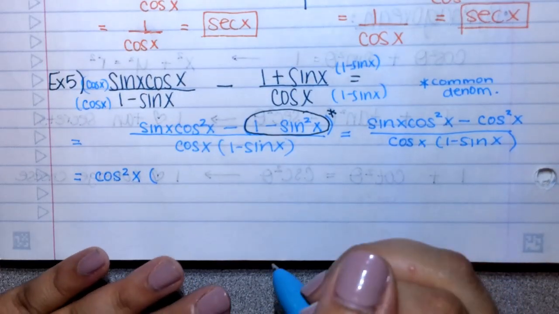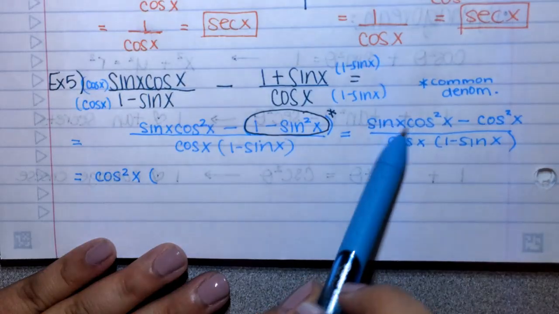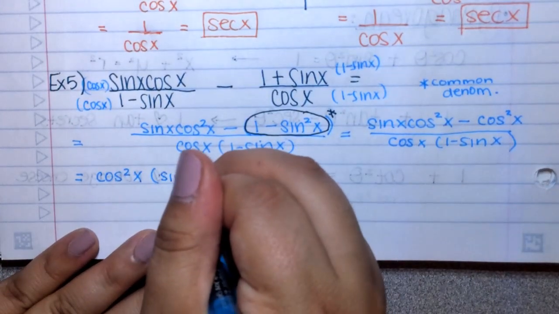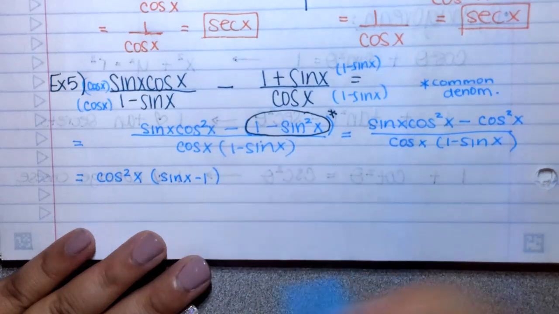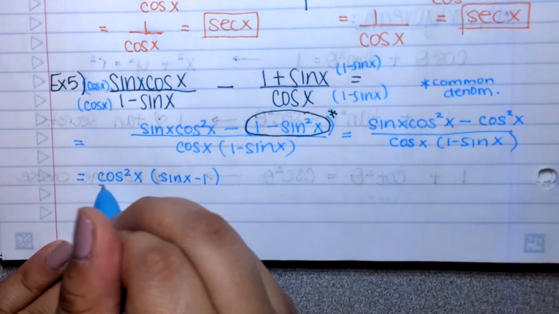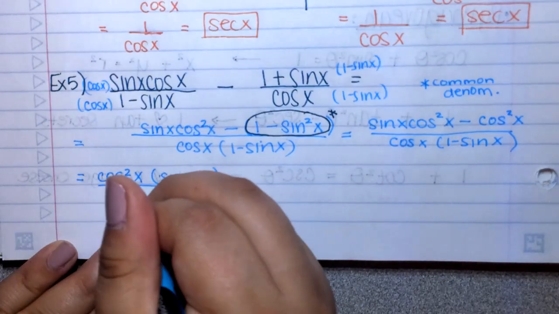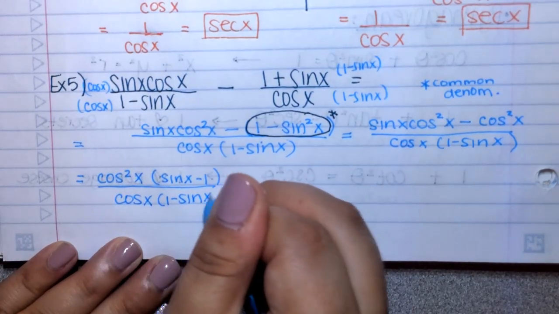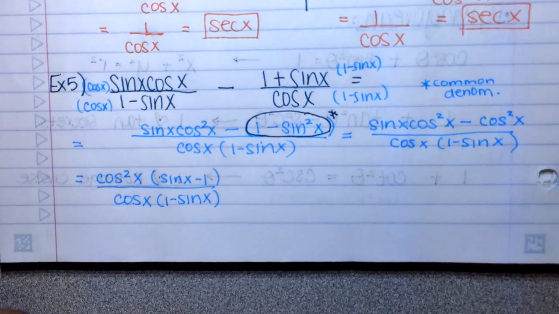Good job. And if I factor out a cosine squared x, what am I left with up top? Sine x minus 1. Can y'all see that blue? Is that okay?